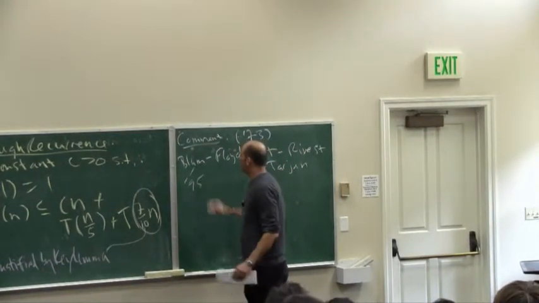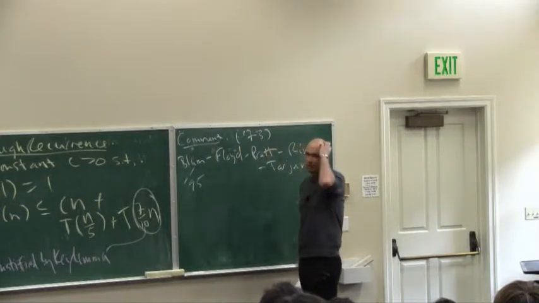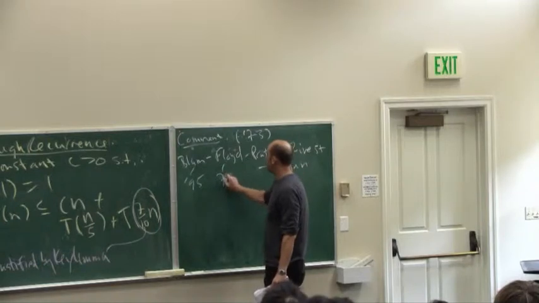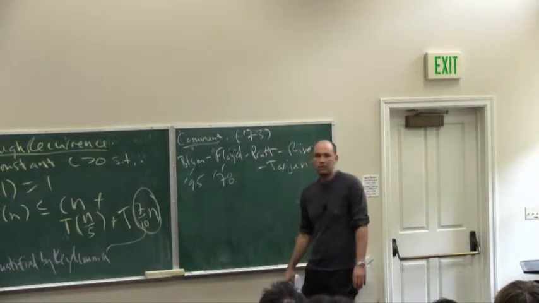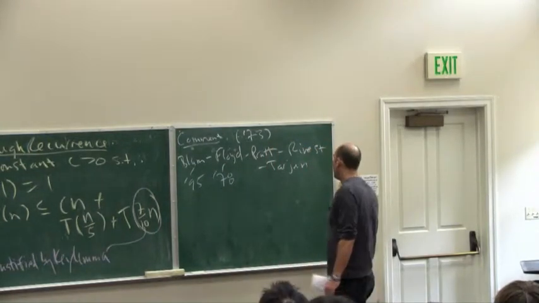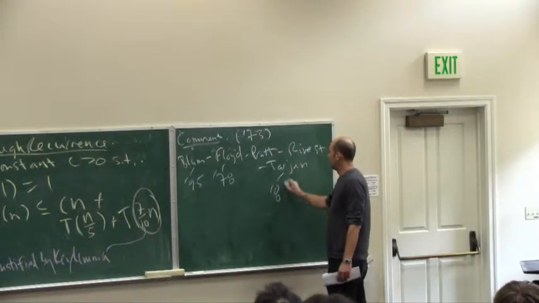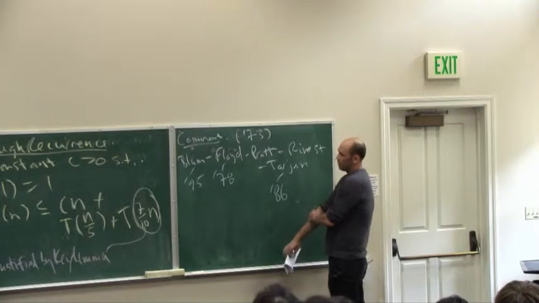Manuel Blum won the Turing Award in '95 for lots of contributions to theory, program checking, and other things. Floyd's name will come up again in algorithms. He did a lot of fundamental work in algorithms. So let's see, Bob Tarjan, he's along the top right.